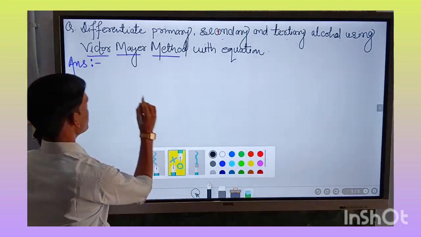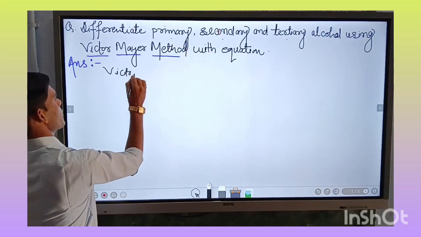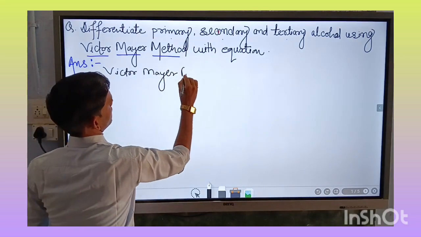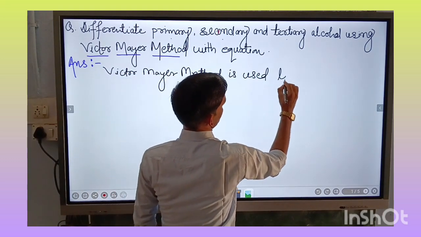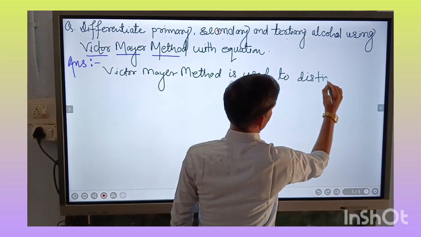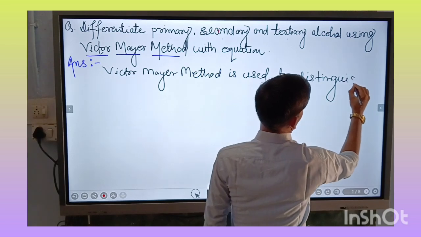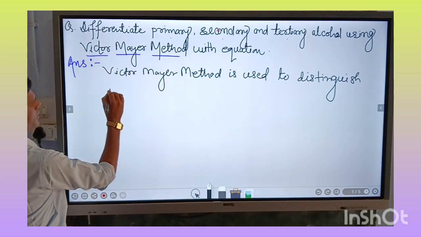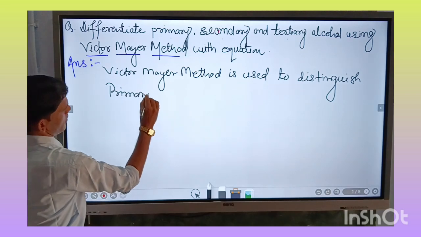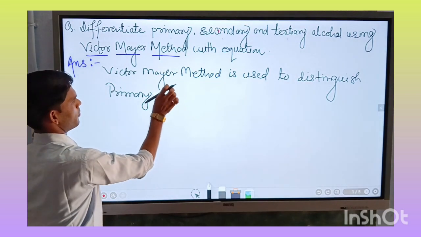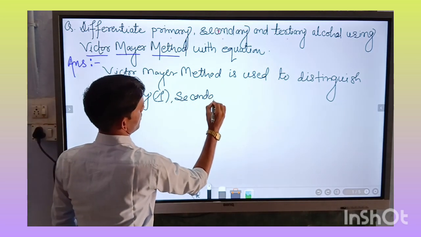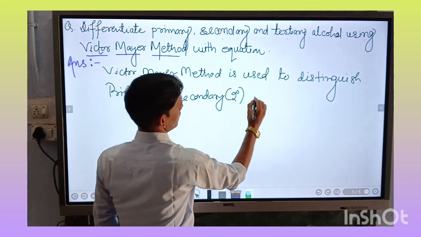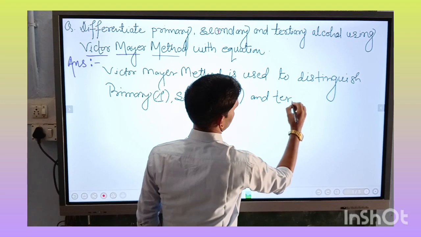So Victor Meyer method is used to distinguish primary, secondary, and tertiary alcohol.